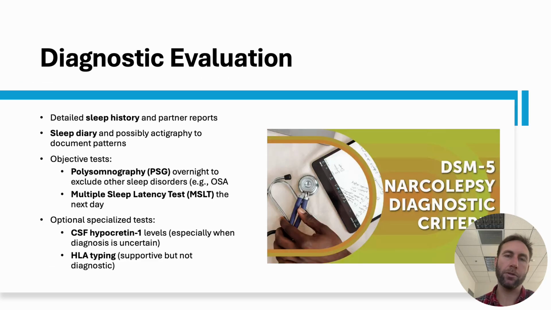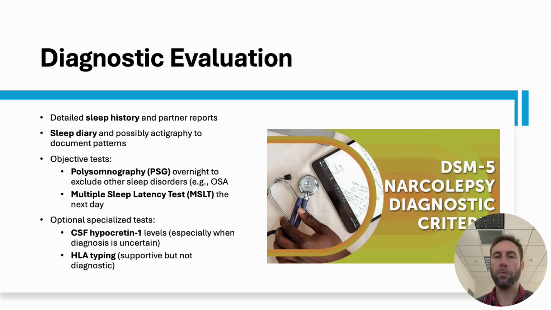To diagnose narcolepsy, we have to start with a detailed sleep history. Because these symptoms progress for years, mostly before anybody's ever diagnosed with narcolepsy, physicians have to start with a detailed sleep history, and often they get input from family or bed partners.